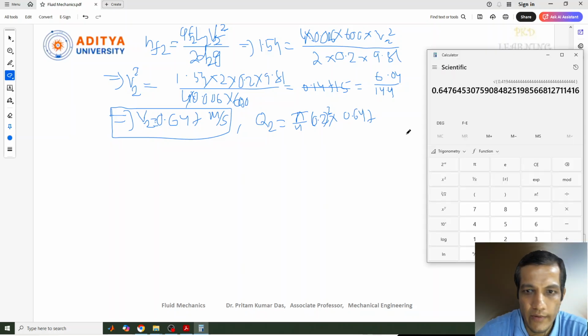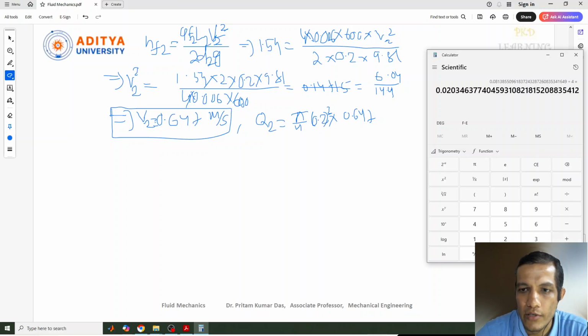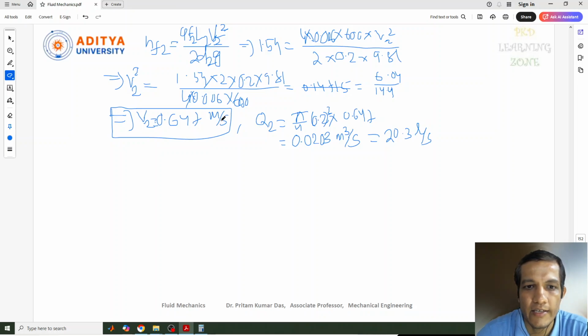Calculating this, pi into 0.2 into 0.2 divided by 4 into 0.647 gives 0.0203 meter cube per second. We can write this in liters per second, so this is 20.3 liters per second. This is the discharge from this pipe.